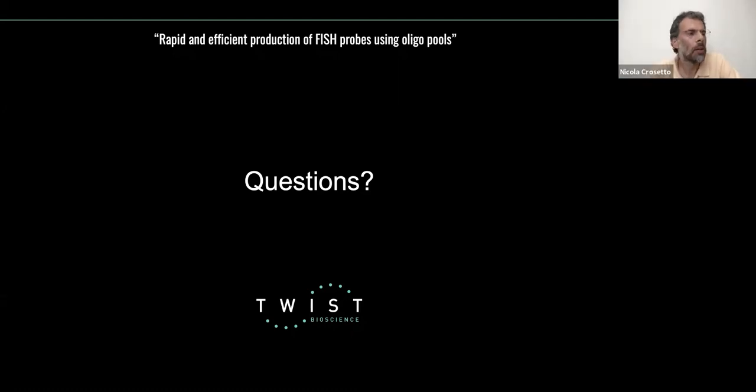Yeah, excellent. So first question, why PCR, IVT and RT? If you go to the scheme that I showed you, you can realize that if we were only doing PCR, we would end up with a double-stranded probe, and we would be facing a similar issue as with BAC probes, meaning that for DNA FISH applications, you will always have the competition between annealing to the genomic target in situ or self-annealing of the two complementary strands.